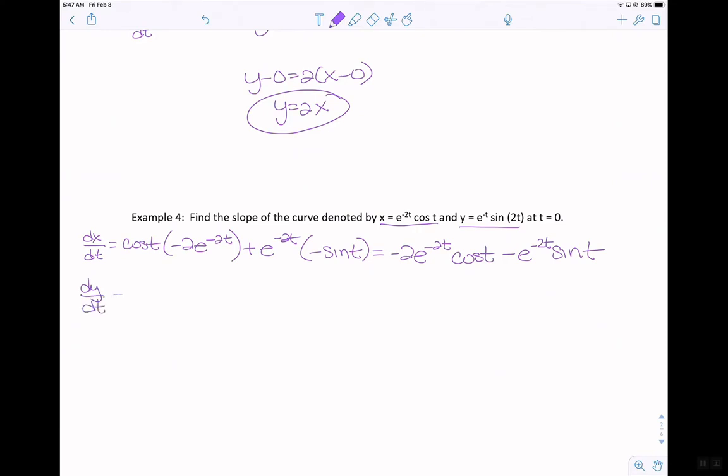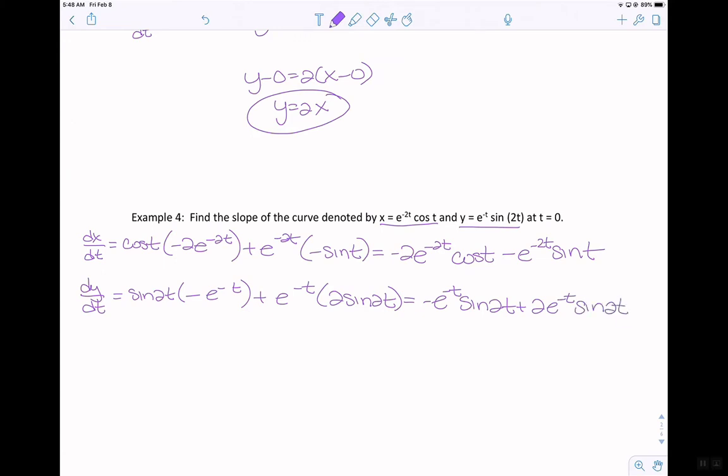And then I can do my dy dt. Same thing, product rule with dy dt. So sine of 2t times negative e to the negative t, plus e to the negative t times 2 sine of 2t.